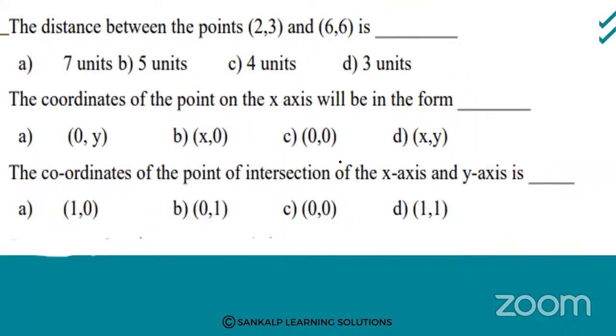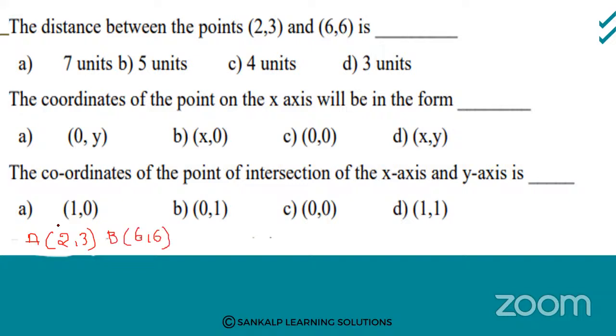The distance between the points 2, 3 and 6, 6 is, okay, the distance between the points means they asked about the distance. So they gave the coordinates of A, that is 2, 3 and coordinates of B, 6, 6, right? So distance between the points, A is 2, 3, B is 6, 6, right?